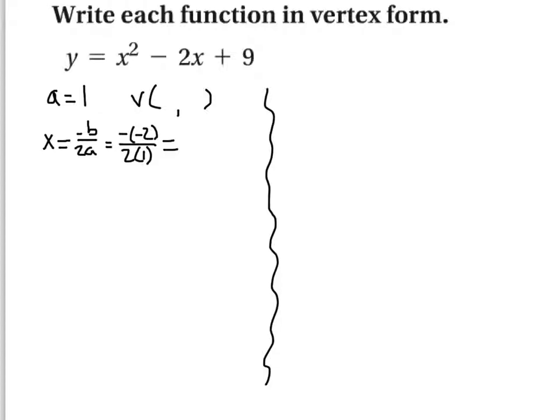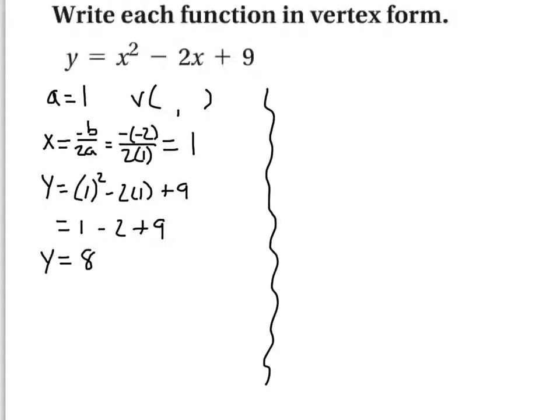And 2 times 1 is 2. So our x value is 1. Plug that back in to find y. 1 squared minus 2 times 1 plus 9. So we have 1 minus 2 plus 9. Gives us a y value of 8.